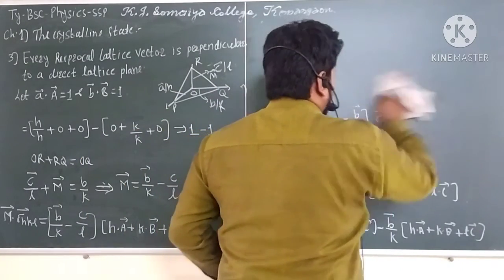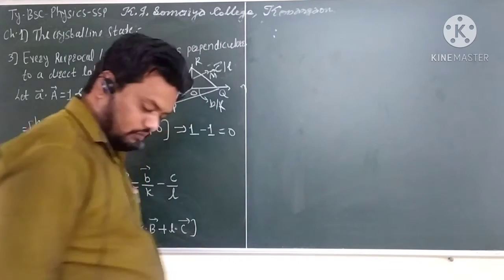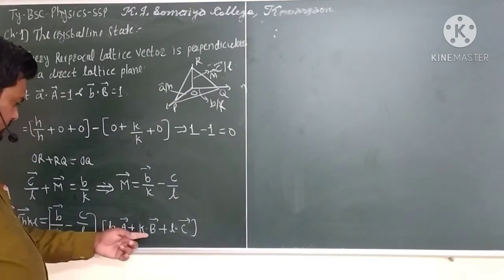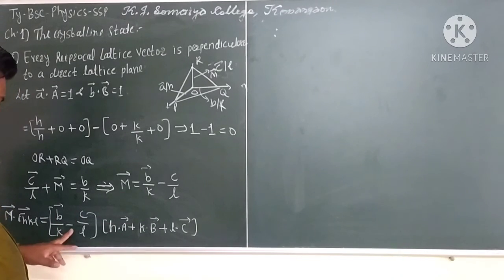The result obtained here is given directly: B dot B is 1 and C dot C is 1.